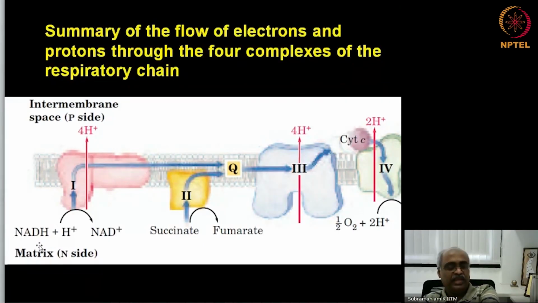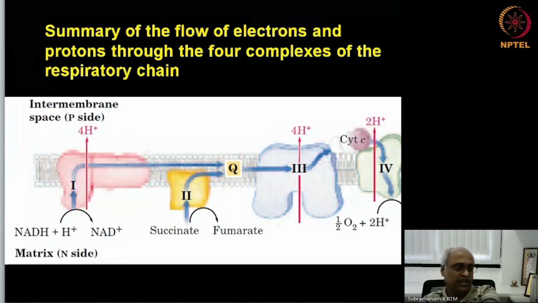For every NADH, that is 2 electrons, you have a total of 10 protons pumped into the intermembrane space, and you have 1 water molecule produced from that. This summary is purely by considering 1 NADH. But if you want to look at 1 molecular oxygen getting converted, then it will be 2 H2O, and in that case it will be 20 protons, and we would have consumed 2 NADH.